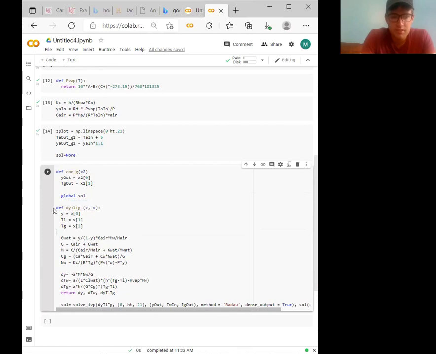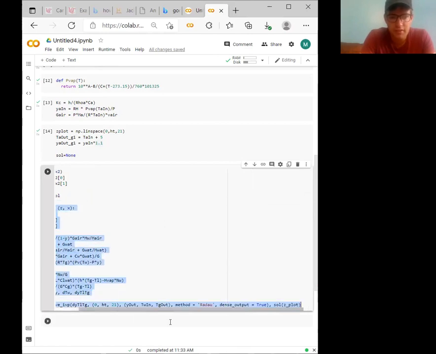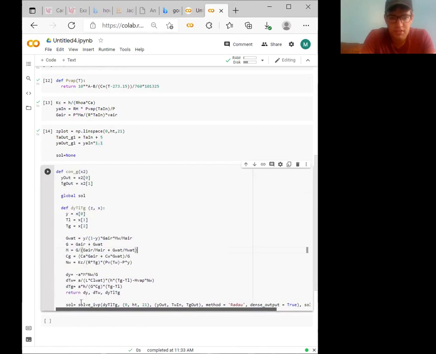The last thing is I'm going to make sure this function is defined within the other function we just defined. So we just have to add an indentation.